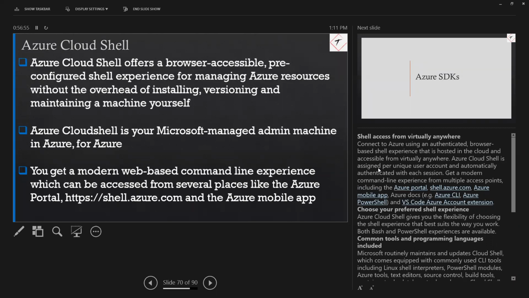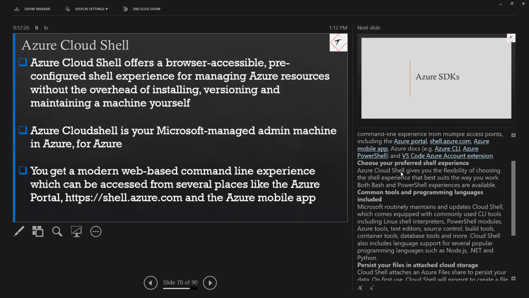Azure Cloud Shell is assigned to a unique user account and automatically authenticated for each session. It gets a modern CLI experience from multiple applications. You can use it from Azure portal, from shell.azure.com, or from the Azure mobile app. So you have different choices on how you can access Azure Cloud Shell.